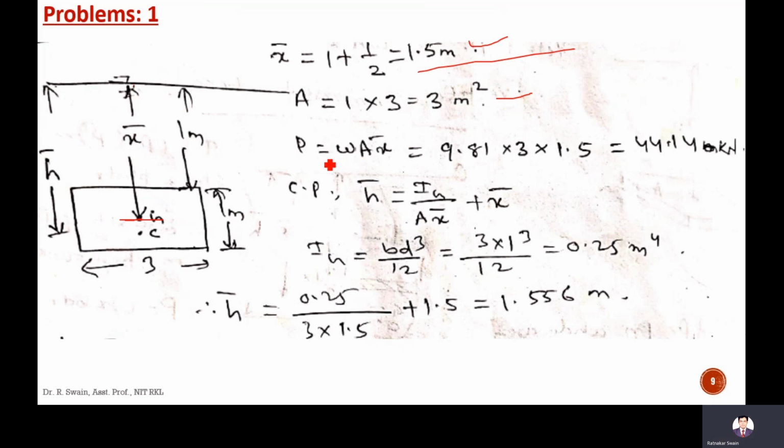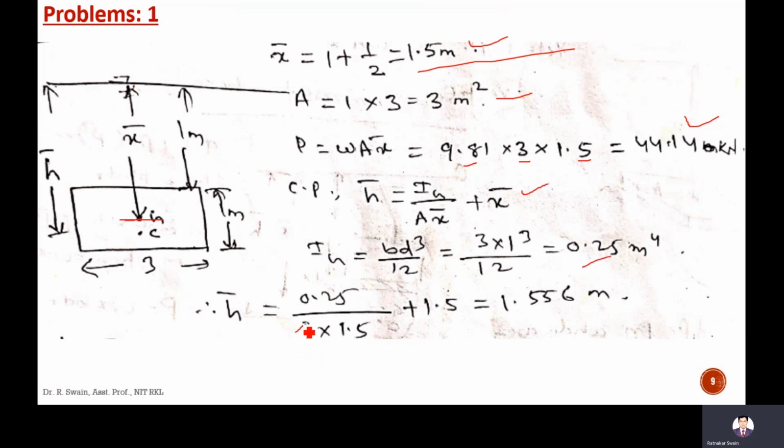The total pressure P is W A x bar. W is 9.81, A, and x bar. Total is 44.14 kilonewton. Center of pressure, the formulation we have already derived, that is Ig by A x bar plus x bar. So Ig here is BD cube by 12, this is B, this is D. So 3 into 1 cube by 12, divided by A x bar.